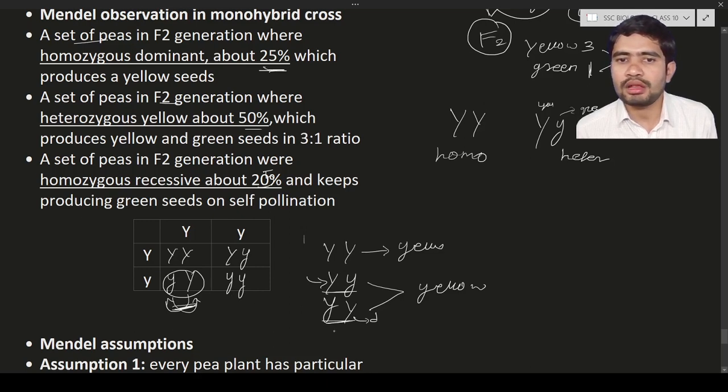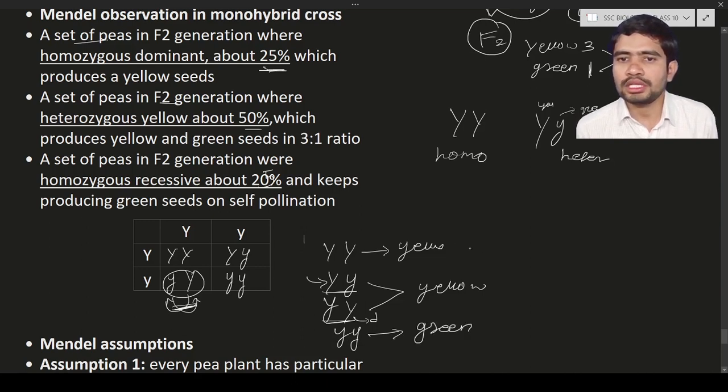Next is small y, small y. Do you find any capital Y? No. If the capital Y is not present, the dominant gene is not present. As a result, the recessive will be expressed. Both are recessive, so the recessive trait will be produced. This is nothing but green.